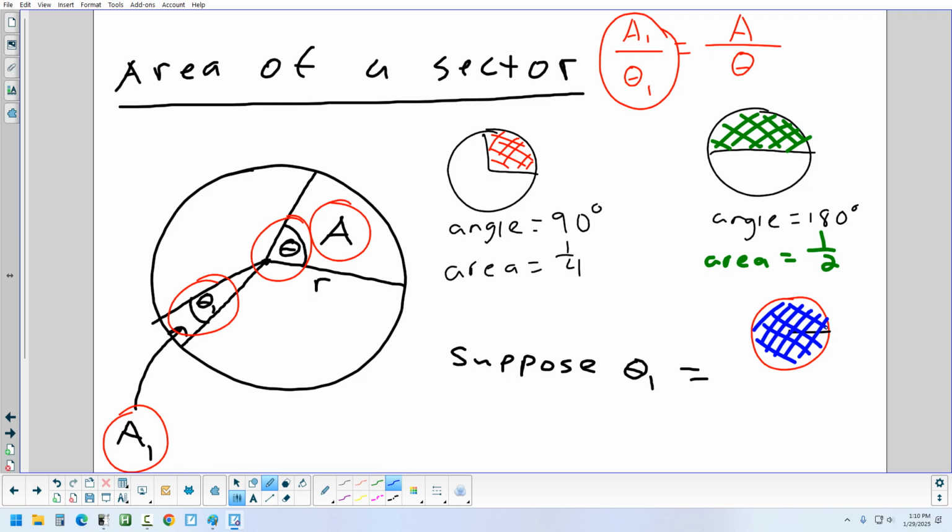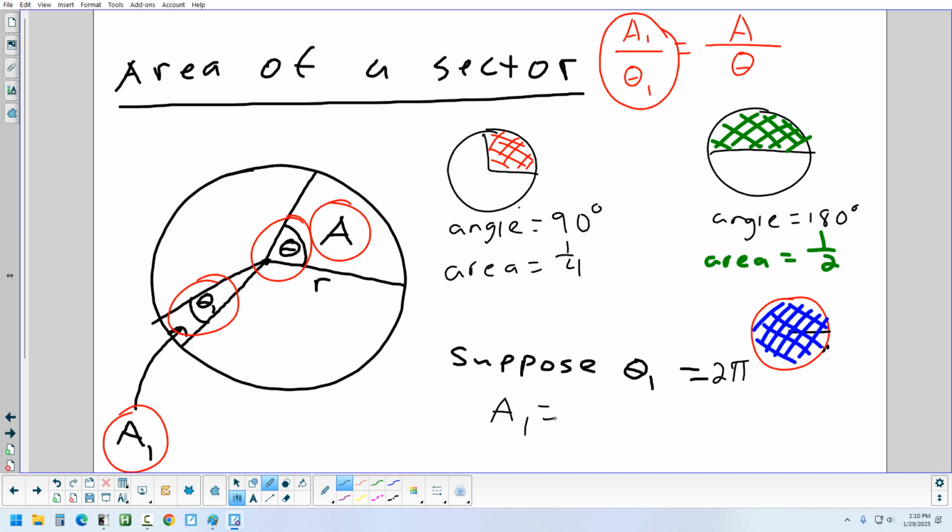More than 1. Definitely more than 1. Like 3, 4? No, it's over 3. 2 pi. Yes. So if the angle is not 90, not 180, but it's 360, 2 pi, then the area becomes what? If that blue section is how much of the circle? 100%. It's the whole thing.